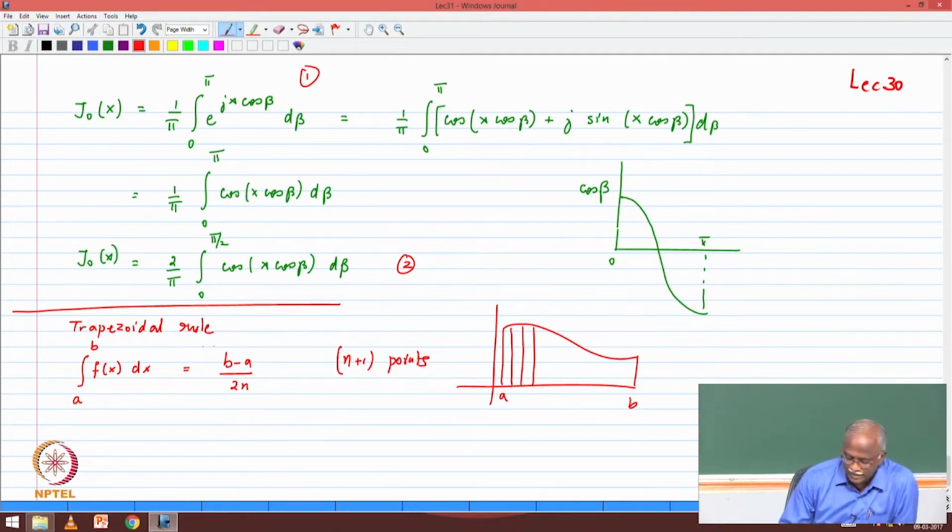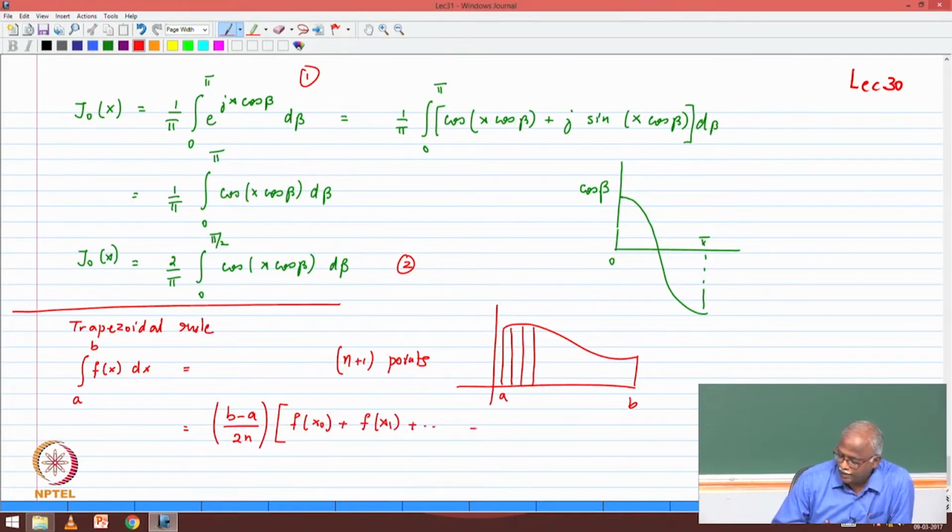In that case, the trapezoidal rule says that the integral can be approximated as b minus a divided by 2n. Think of that as a scale factor into f of x naught, x1, all the way to f of xn.